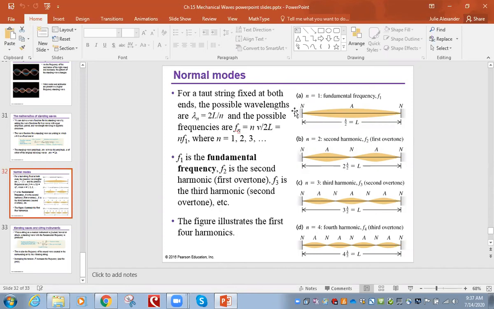When n is 1, it's called the fundamental. So this picture on the top right is called the fundamental frequency of oscillation. And then we have the second harmonic, third harmonic, and fourth harmonic. The A stands for antinode, the N stands for node. If the string is fixed at both ends, you always have to have a node at both ends. Okay, that's it.